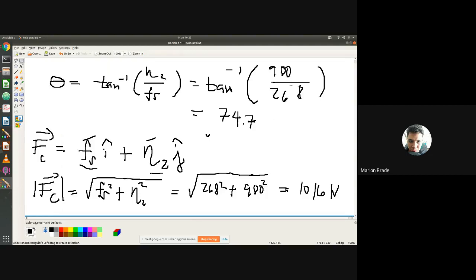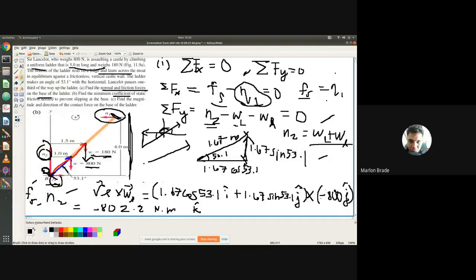The angle is measured in degrees. It is north of east. So therefore, for this system, this is the ladder and this is its angle, 74.7. This is the angle of your vector FC. In the drawing it was not drawn, but it is somewhere there. This is the vector. This is the FC. Okay?